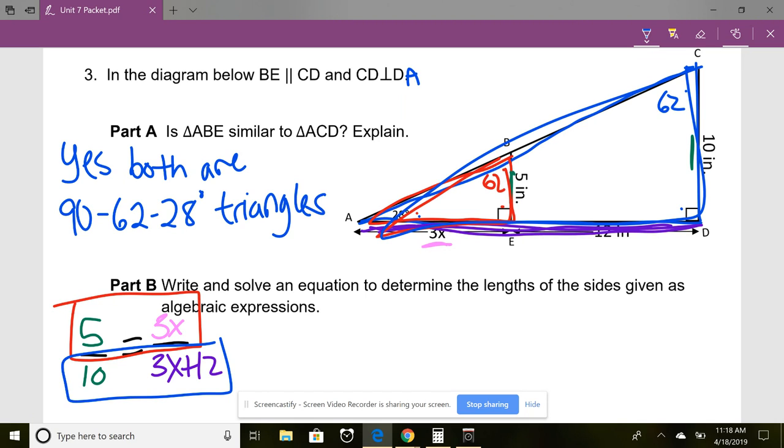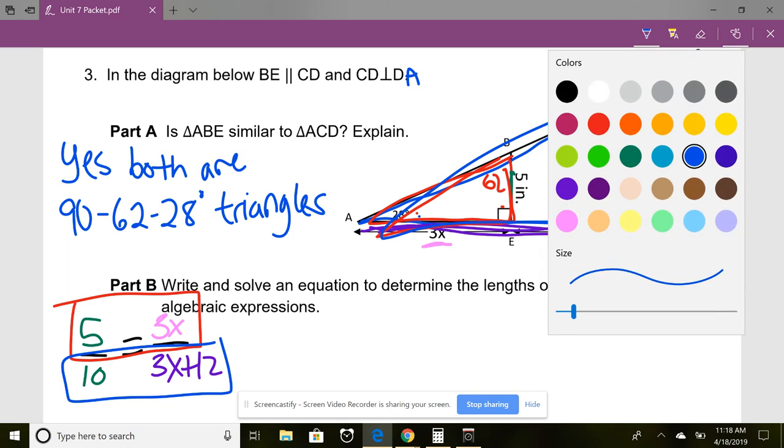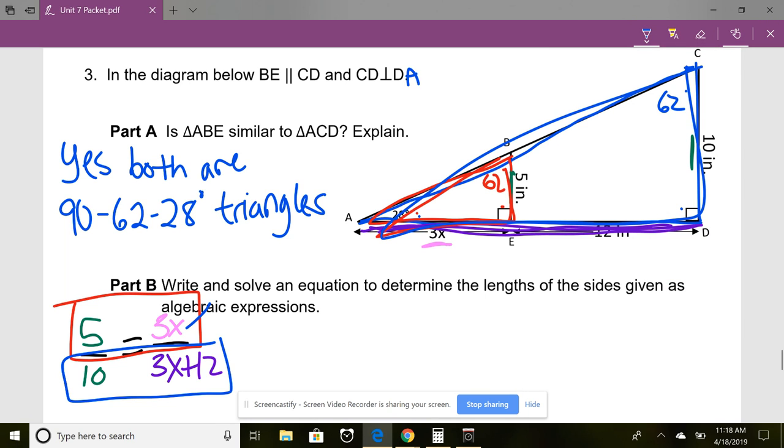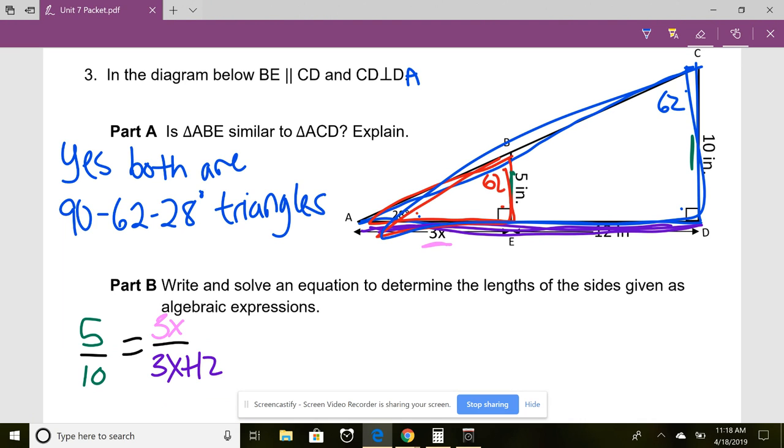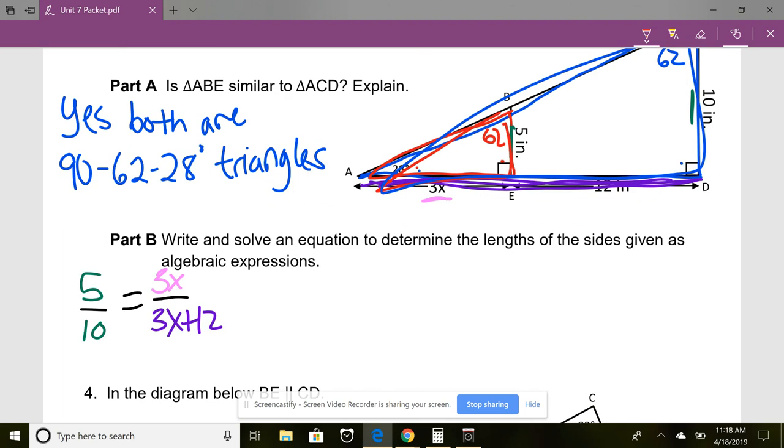All right, now, again, to solve a proportion, we cross multiply. Now, this is a little bit different, not as easy as the last lesson. When I cross multiply with the 5 times 3x plus 12, I have to distribute the 5 to the 3x and to the 12.